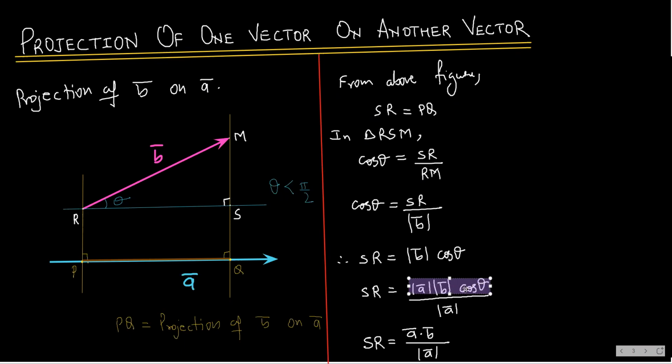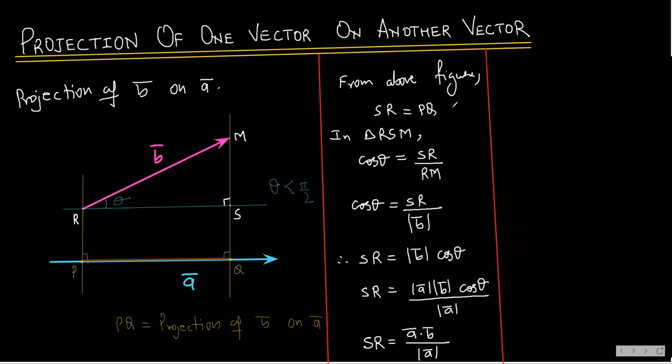Mod A bar mod B bar cos theta is nothing but A bar dot B bar. So I finally got SR. And as we have already discussed, SR is nothing but PQ.